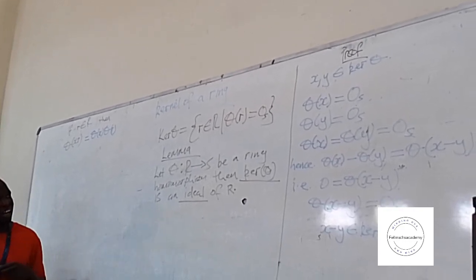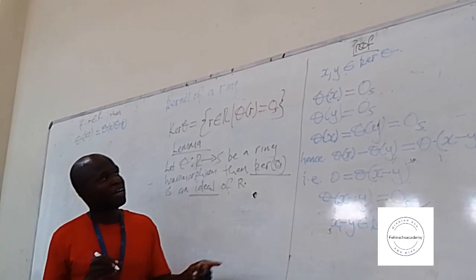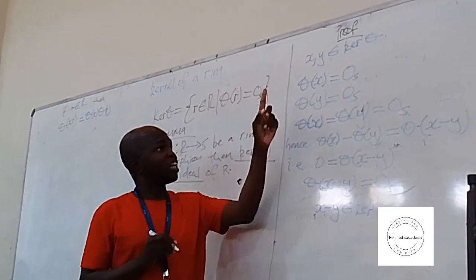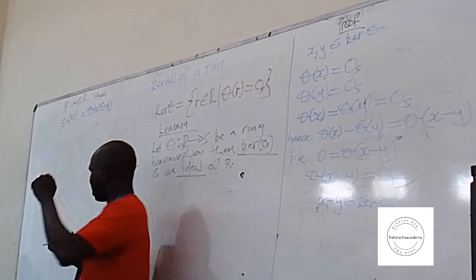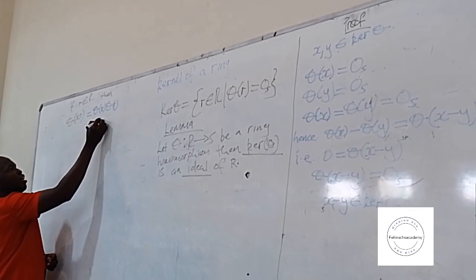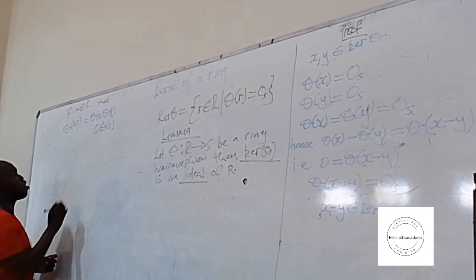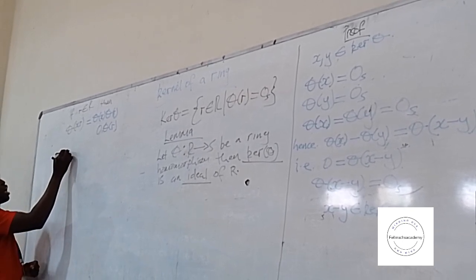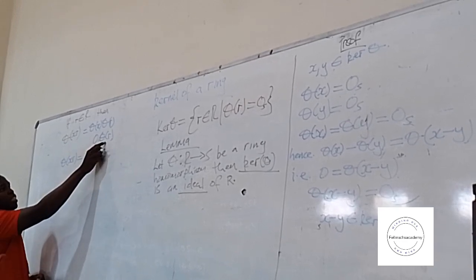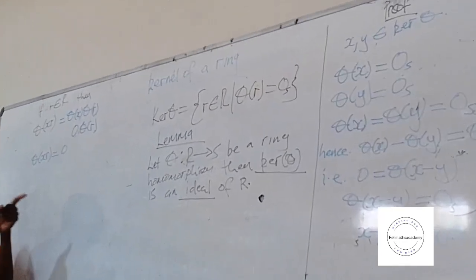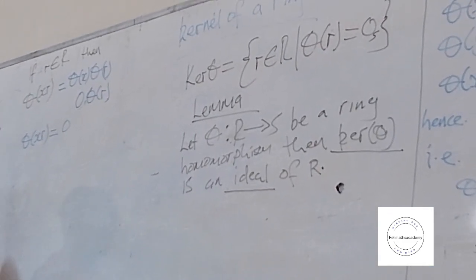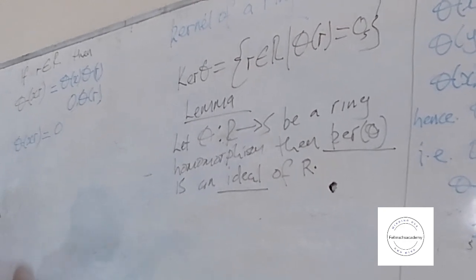But since we stated here that X and Y are elements of the kernel, then theta X is 0. Let us come back here. What is theta X? 0. Theta R. So we are concluding that theta XR is equal to 0 times theta R, which is 0. Where does it go? It goes to the identity, so it belongs to the kernel.